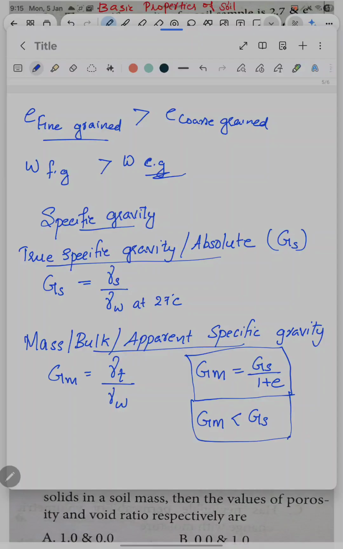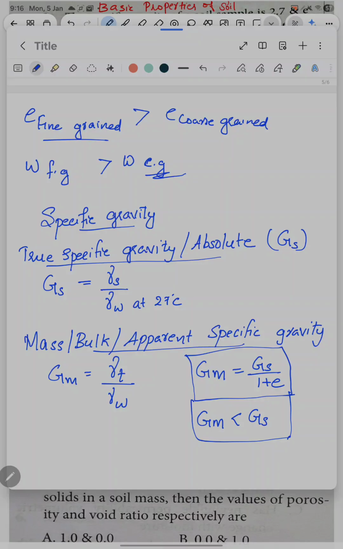So here we discussed true specific gravity and mass specific gravity. True specific gravity is also called absolute specific gravity. It is defined as the ratio of unit weight of solids to unit weight of water at 27 degrees Celsius. Next is mass specific gravity, also called bulk specific gravity or apparent specific gravity, denoted by GM.